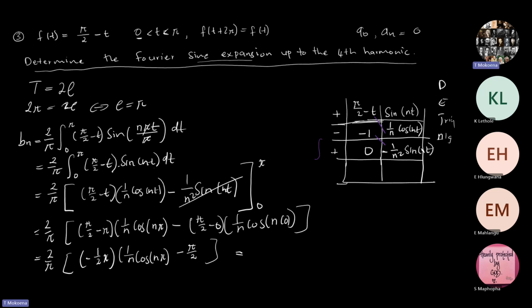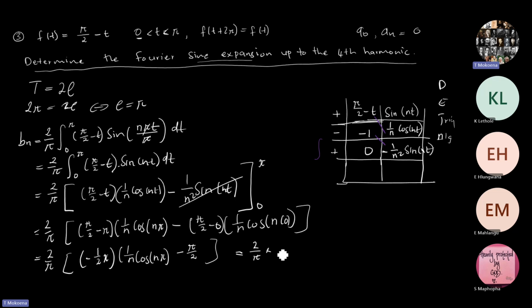And therefore, to continue with this, I have 2 over pi, and then I'm going to take my 1 over 2 pi outside of the bracket.